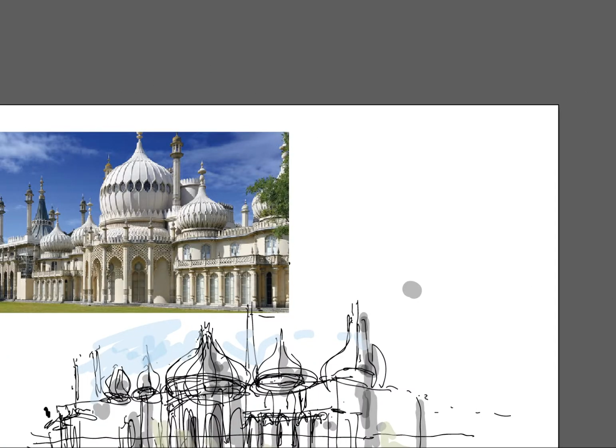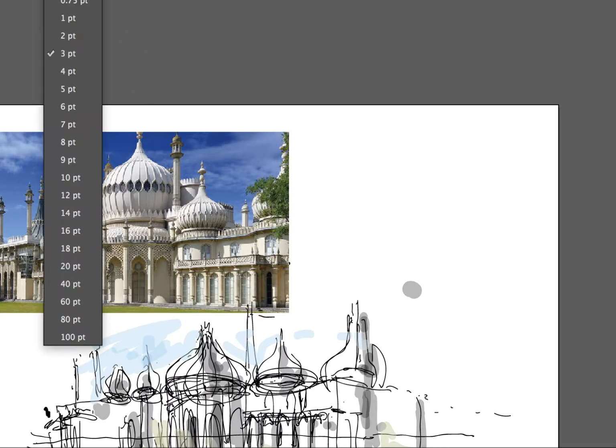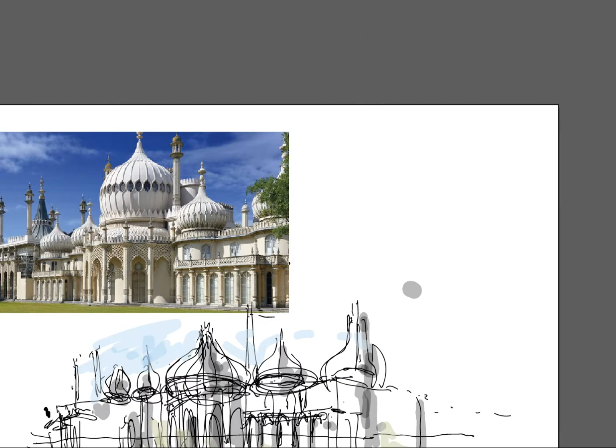So looking at it quite carefully, changing back in terms of a point size. We might just start to think about what that shape is.